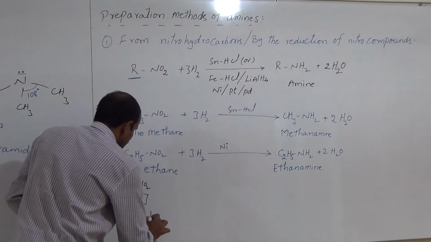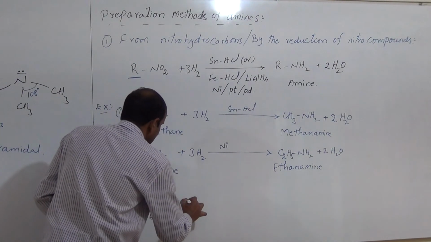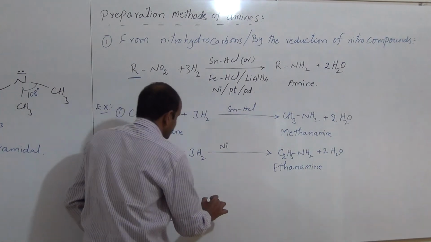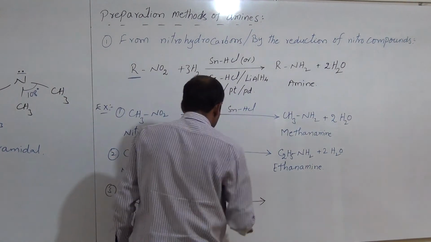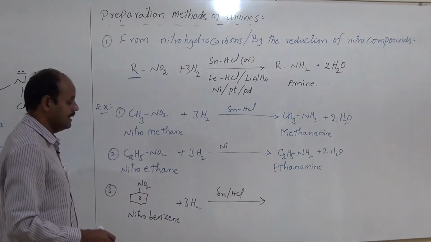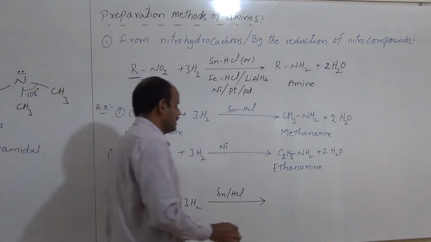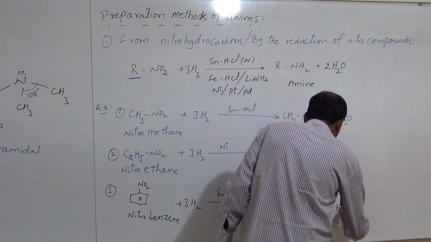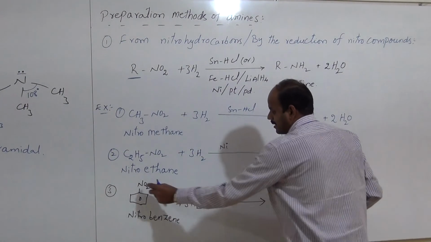Thus the name of this molecule is nitrobenzene, which also undergoes reduction in the presence of reducing agents like Sn/HCl or Fe/HCl. Then oxygens and hydrogens combine together and are removed as water. Then the remaining two hydrogens are attached to nitrogen.